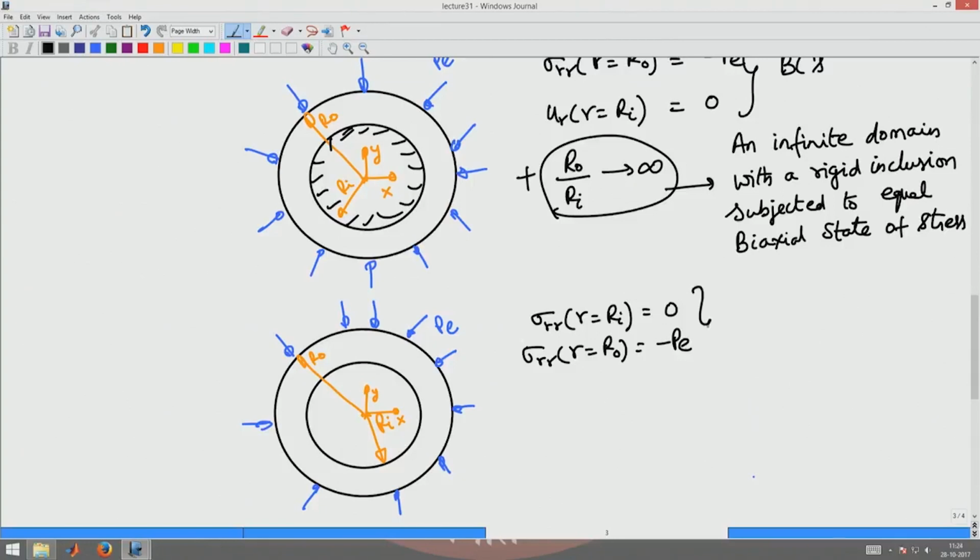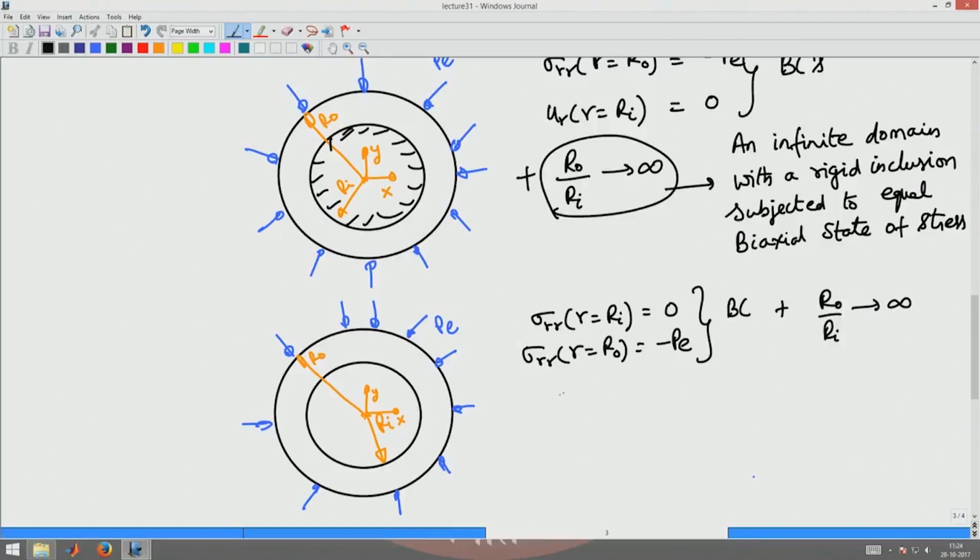For this boundary condition plus the limit R naught by Ri tending to infinity, you will have an infinite domain with a circular hole in the middle subjected to an equiaxial state of stress.